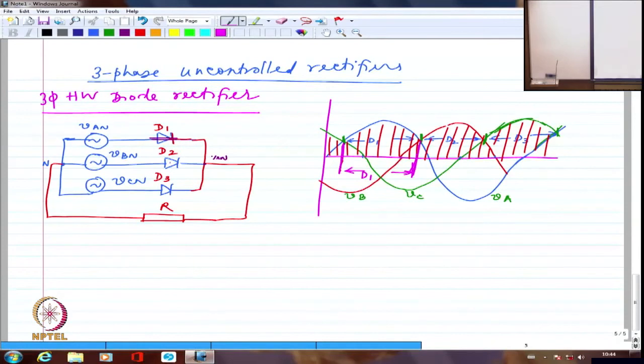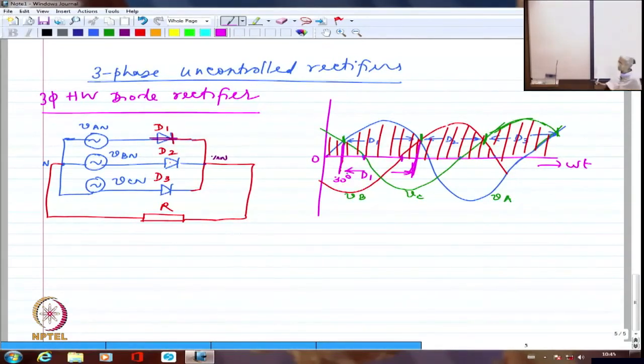I don't have to integrate it for the entire duration. So if I assume this to be 0 of omega t, this point is 30 degrees, because I told you that I had already divided everything into 60 degree intervals. And 30 degrees is pi by 6.